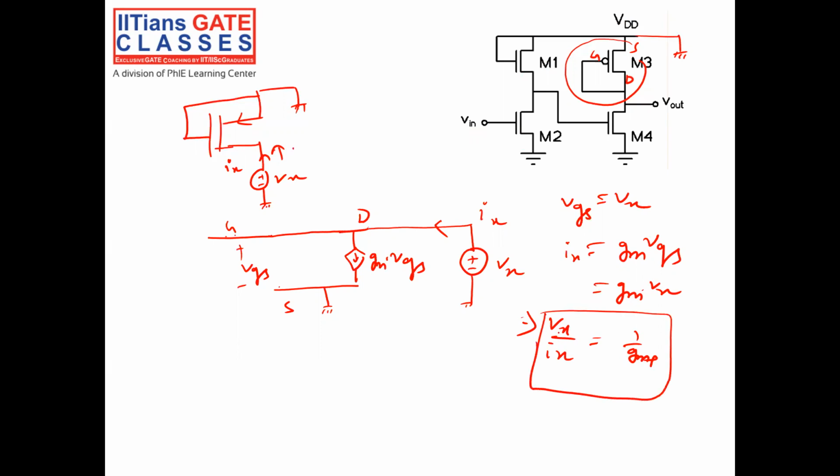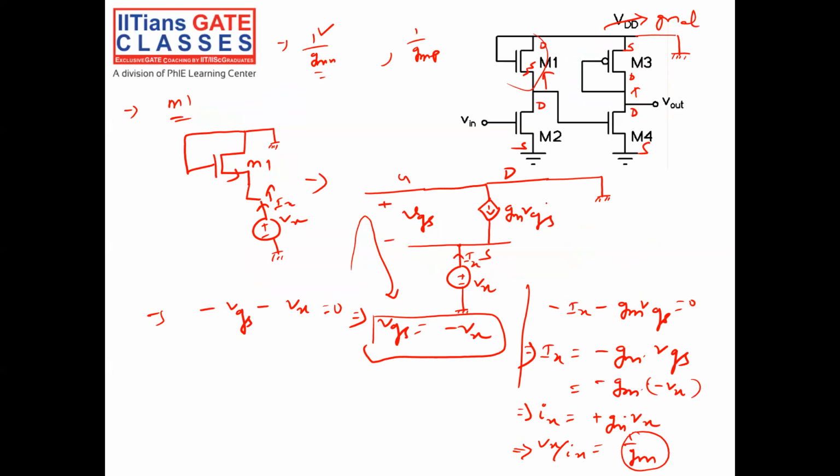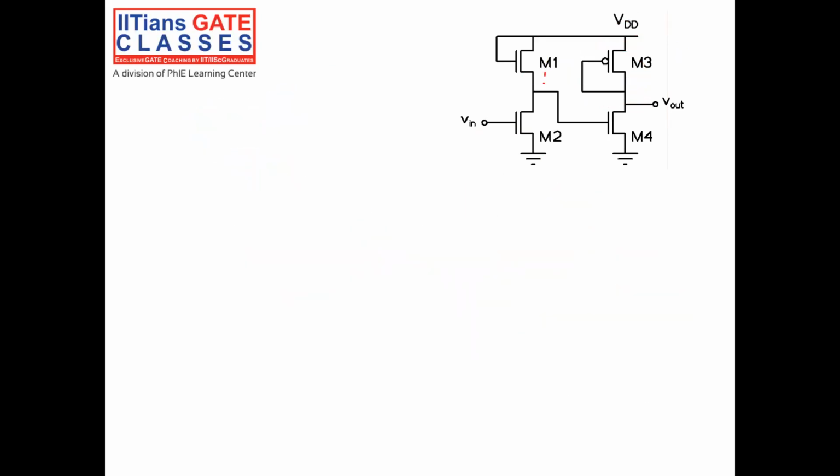So we concluded that the resistance looking from the source of M1 is 1 by Gmp, and the resistance looking from the drain of M3 is 1 by GMN. So let us do the equivalent circuit. 1 by GMN. I am applying a Vin here.